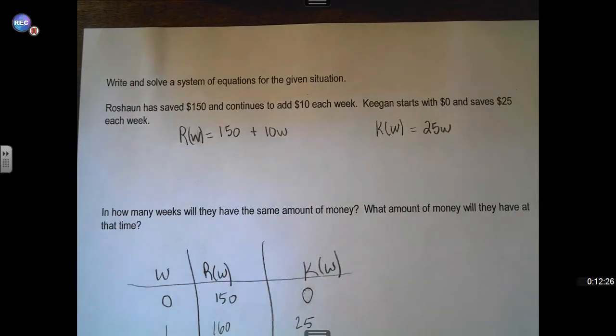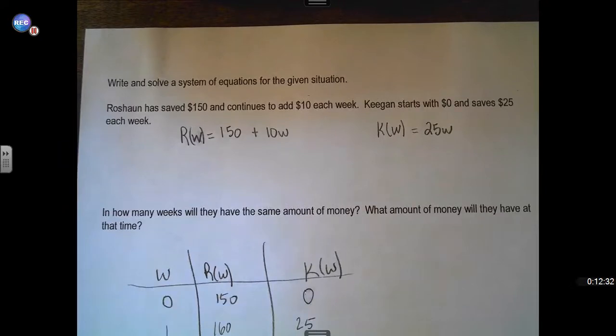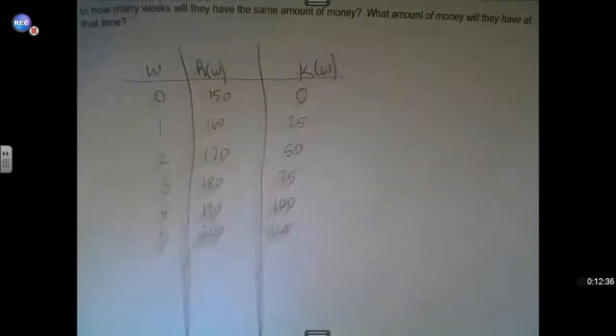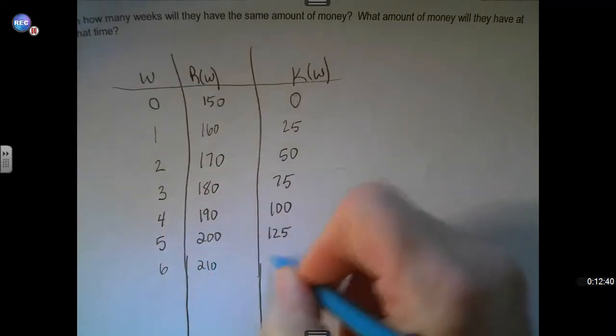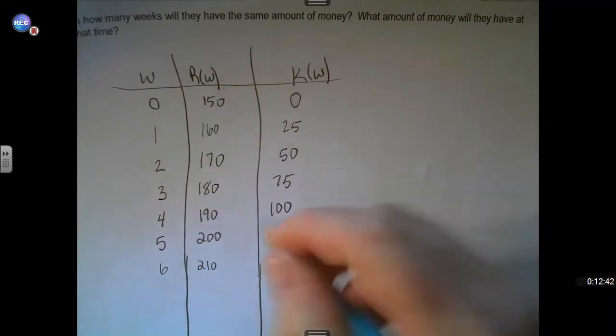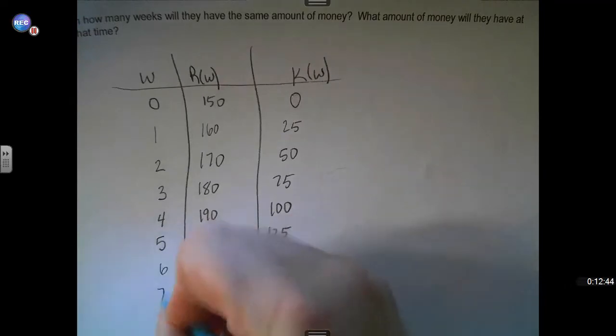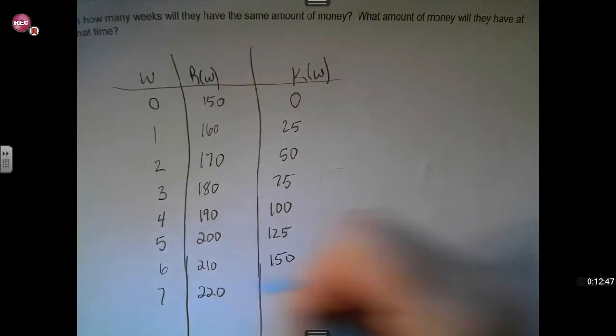Week 5, 200, 125. Week 6, we add 10 here and we add 25 over here. Week 7, we add 10 to Rashawn and we add 25 here.